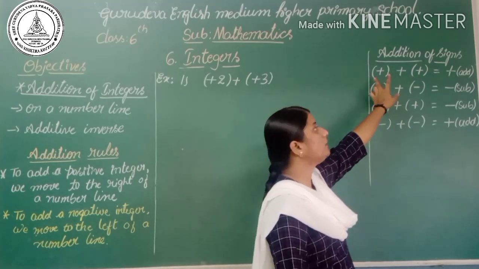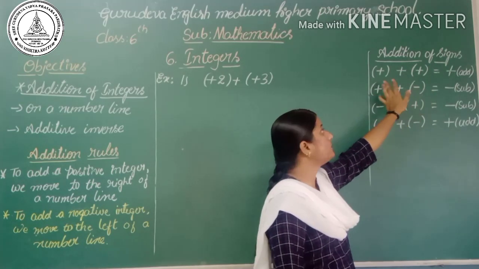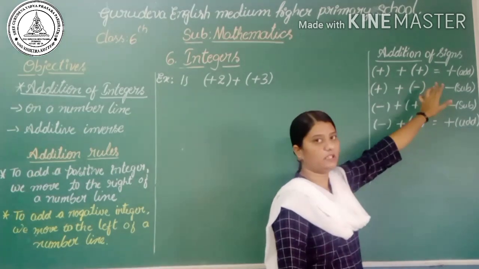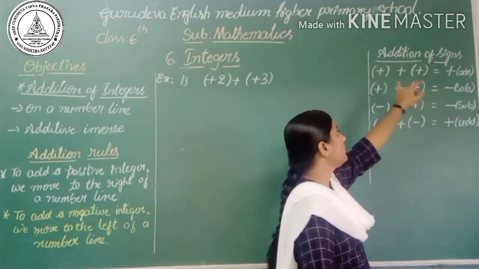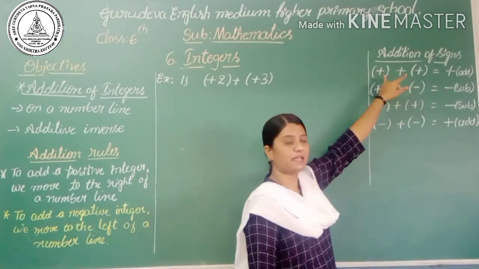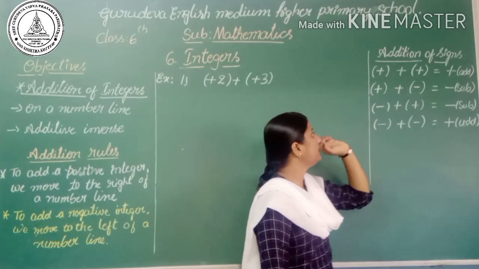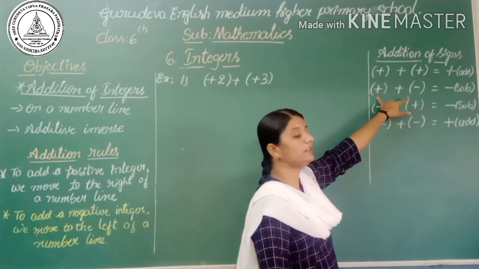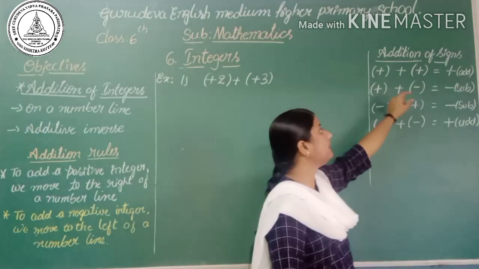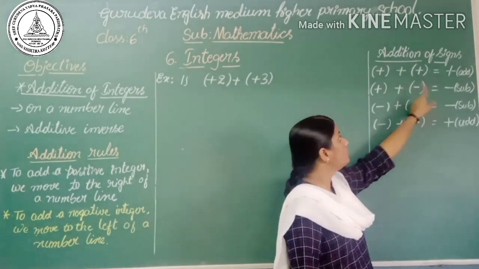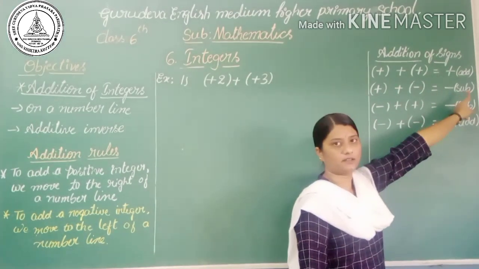If we are adding two positive integers, we should add those two integers. If the two integers have a positive sign, we have to add. Next, if two integers have unlike signs, meaning one integer has a positive sign and the other has a negative sign, we have to subtract.